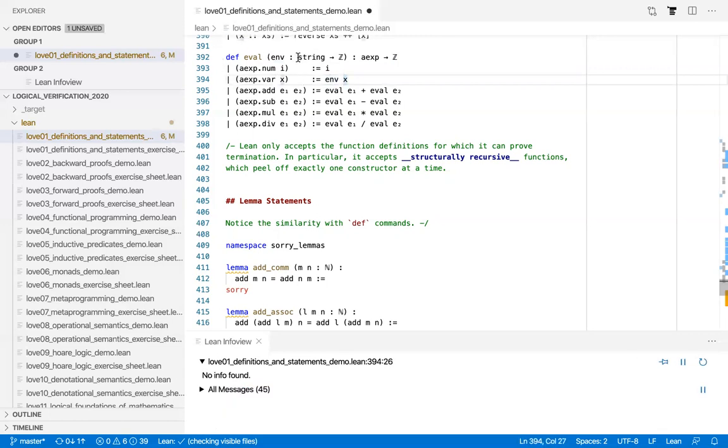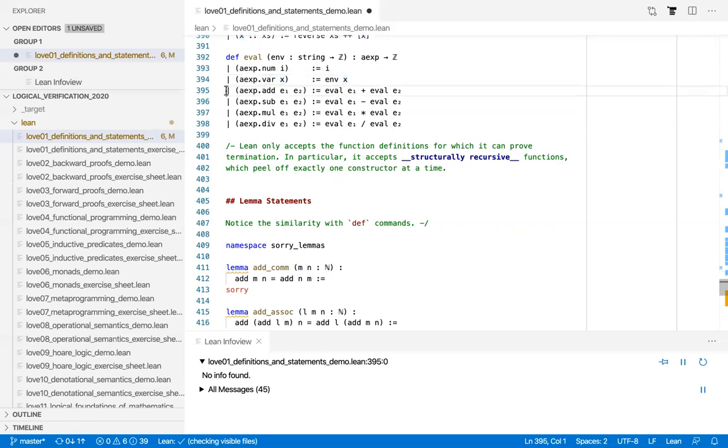So the environment tells us for a string which integer goes with it, which is exactly what we need. We need an integer. So we apply the environment to x, right? This is higher-order functional programming here. The first argument of eval is a function, and then we apply that function to a value and get another value.